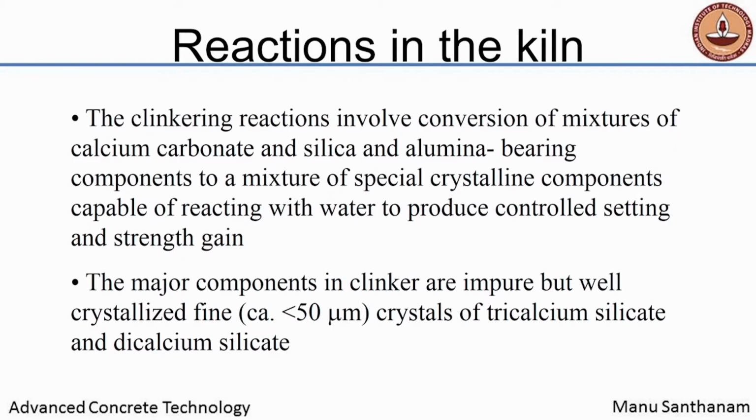So, the major components in clinker are impure but well crystallized fine crystals of tricalcium silicate and dicalcium silicate. So, those are the major proportions. Typically about 80% of your clinker is silicates, calcium silicates, 80%. The remaining 20% is your calcium aluminates. Okay. So, more or less that balance would be maintained in any type of cement that you take, that 80% is calcium silicates and about 20% is calcium aluminate.